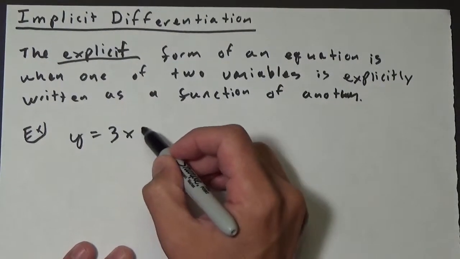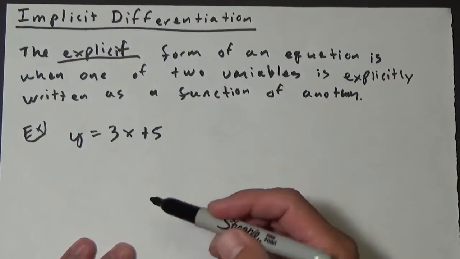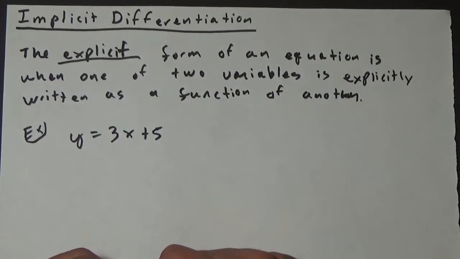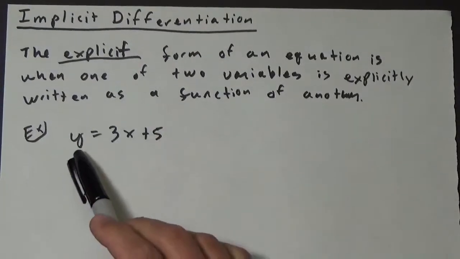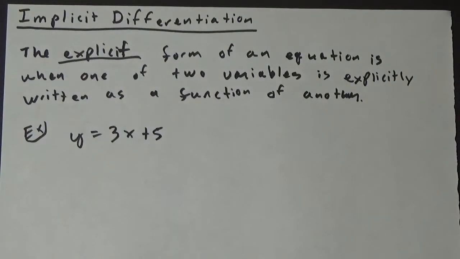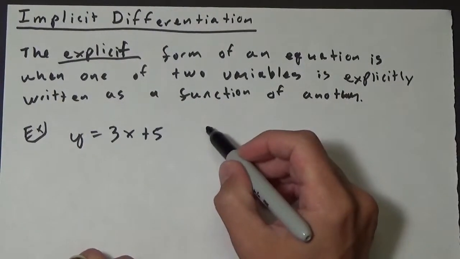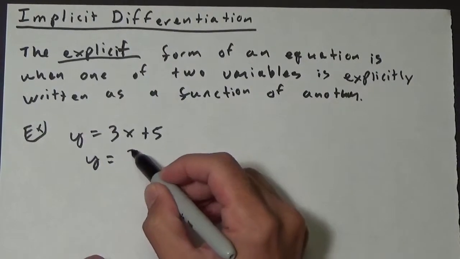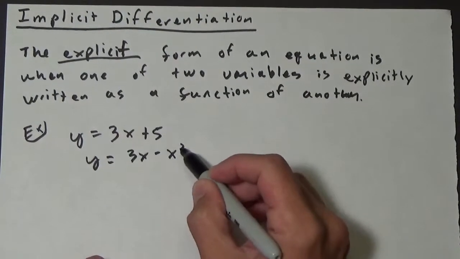y equals 3x plus 5. So it's a line, and the y is explicitly written as a function of x. Another one could be y equals 3x minus x squared.